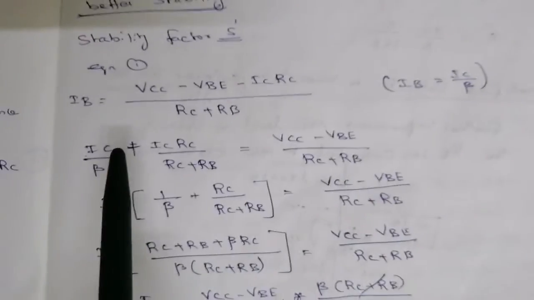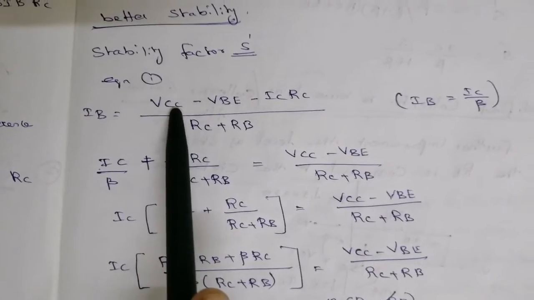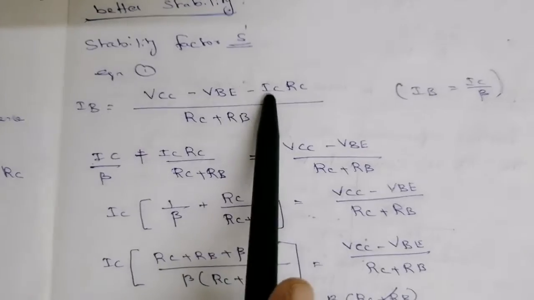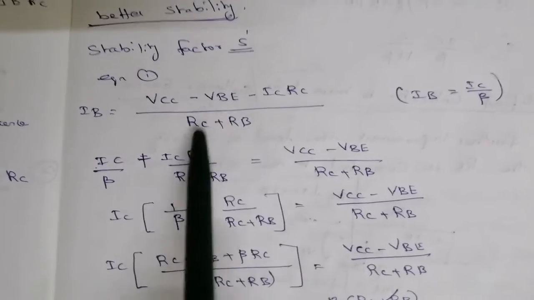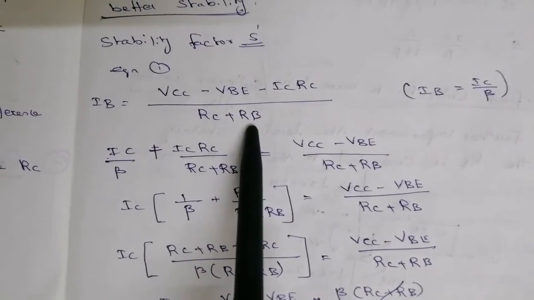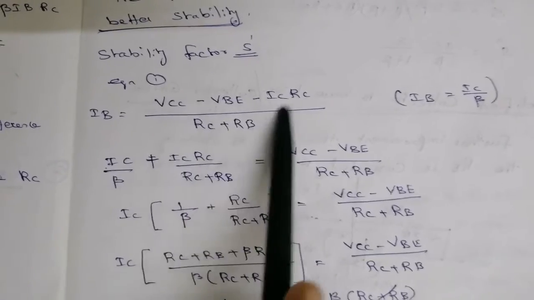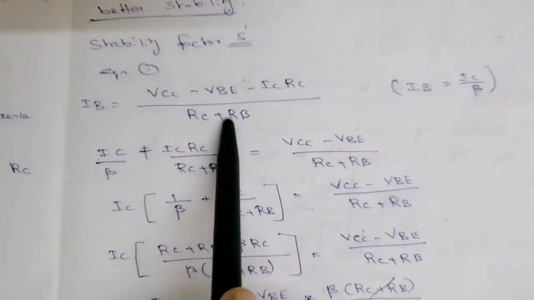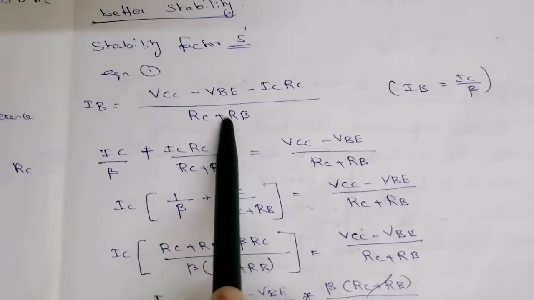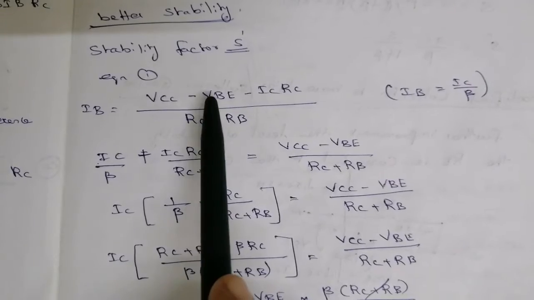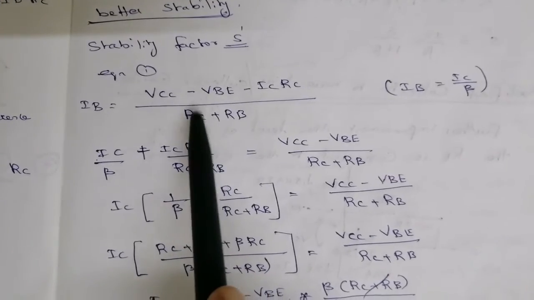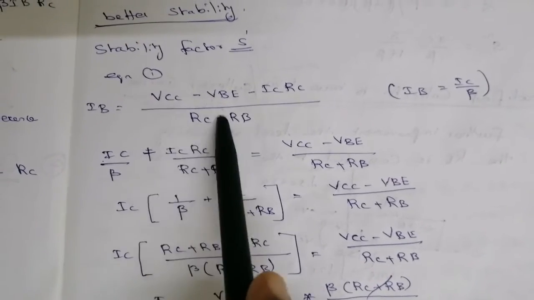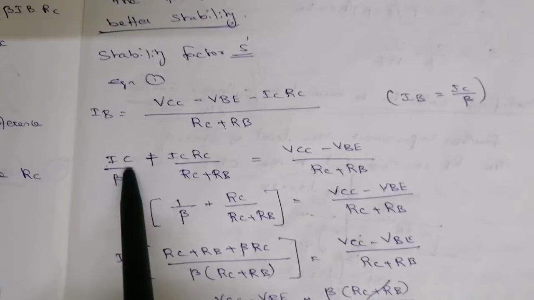After derivation, IB is equal to VCC minus VBE minus IC RC, divided by RC plus RB. Now we can rearrange this equation in terms of IC, because S dash is nothing but dou IC by dou VBE. For that, we rearrange this IB equation into IC.